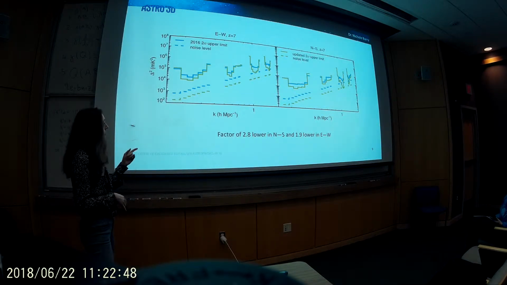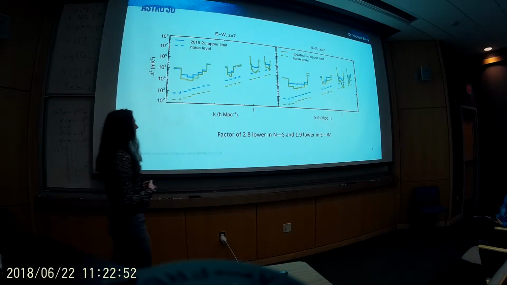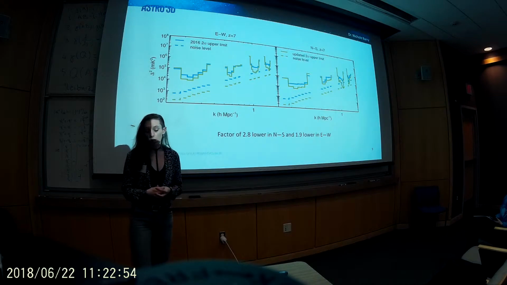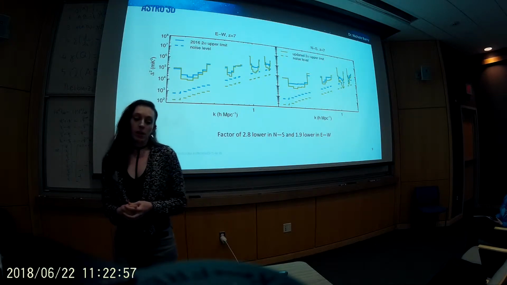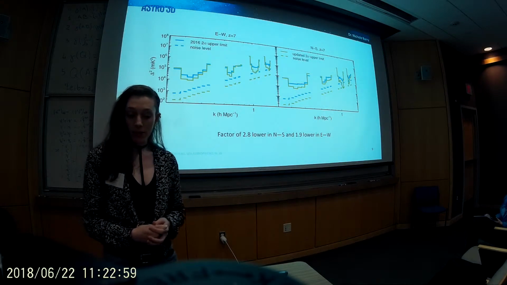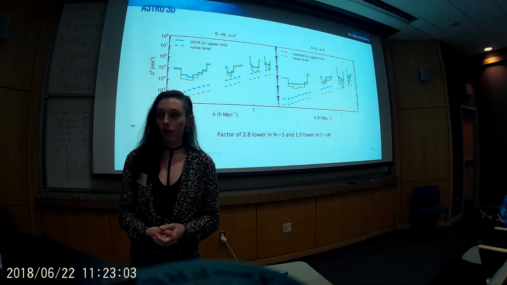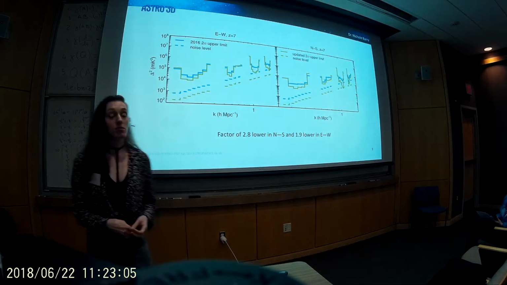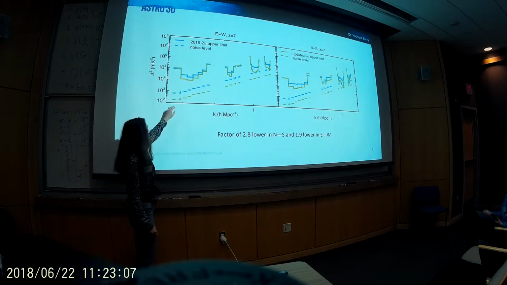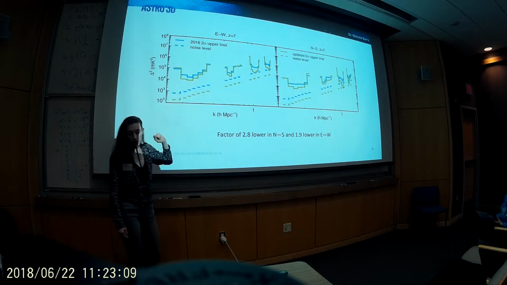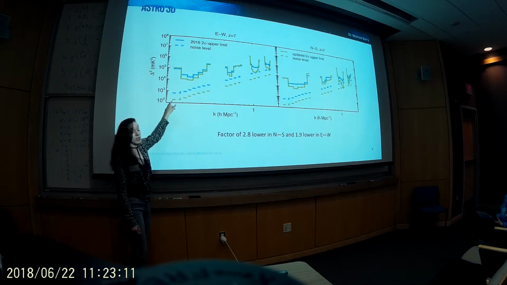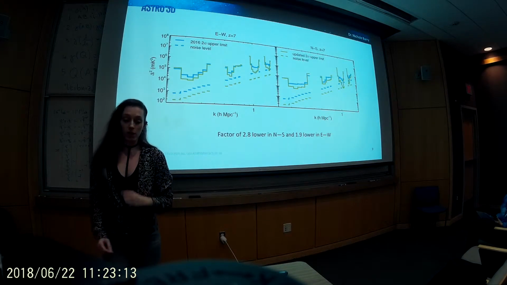So purple is the 2016 upper limit and thermal noise, and green is now the updated upper limit and thermal noise. And you can also ask me about that thermal noise change later if you want. It has something to do with some improvements that we've made. This thermal noise is actually 6 times too high for Beardsley 2016 and 2 times too high for this updated analysis.